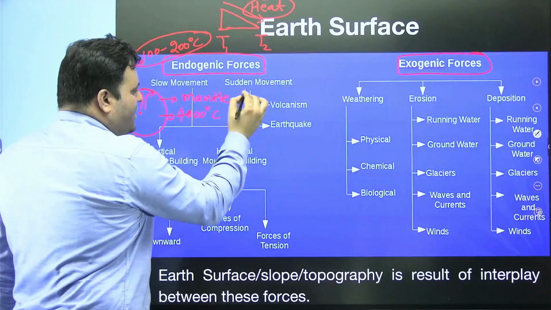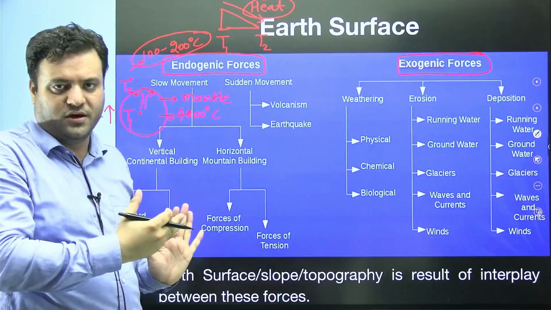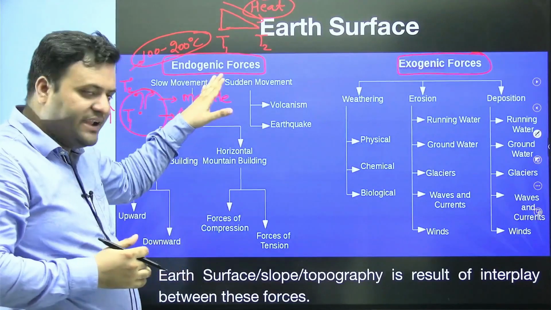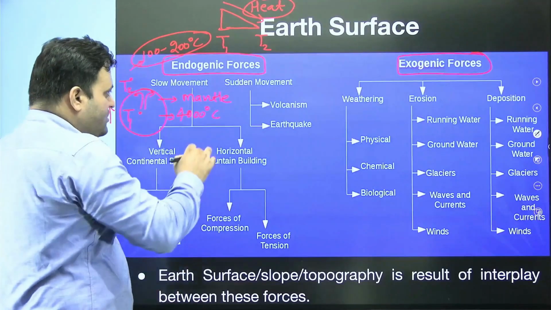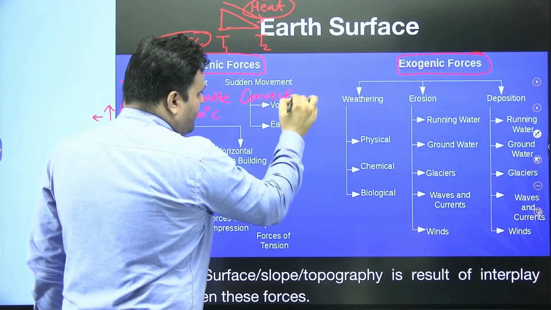We'll have more understanding about these dimensions. I'm just giving you an overview here so that you can make proper connections. So these are being called Mantle convectional currents.